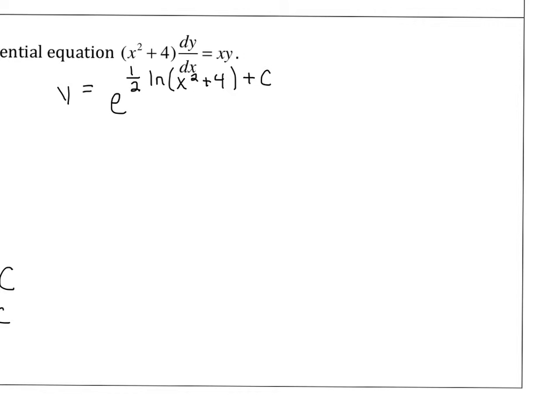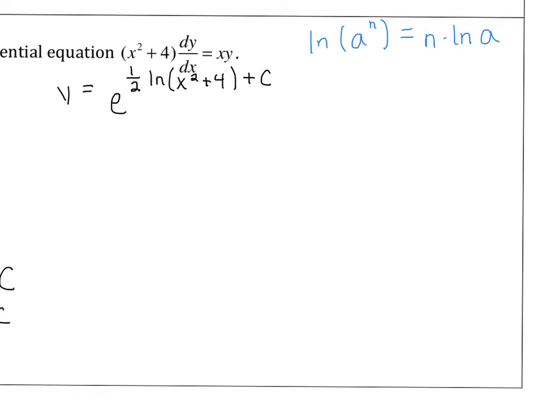And if you remember your exponent rules, you might remember a little trick that says something like this: if you have the natural log of a to the n, that's equivalent to n times the natural log of a.